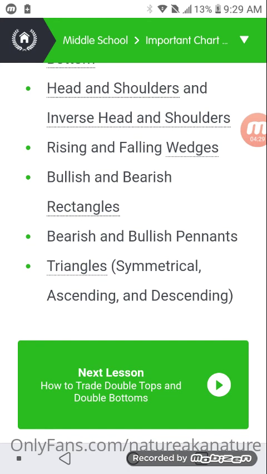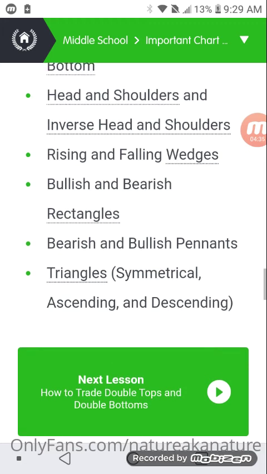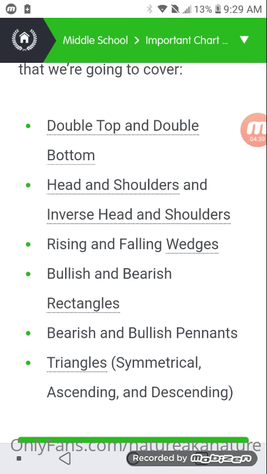So we went over those last two, the pennants and the triangles. We're going to go over double tops and double bottoms, head and shoulders, inverted head and shoulders, rising and falling wedges, and bullish and bearish rectangles.